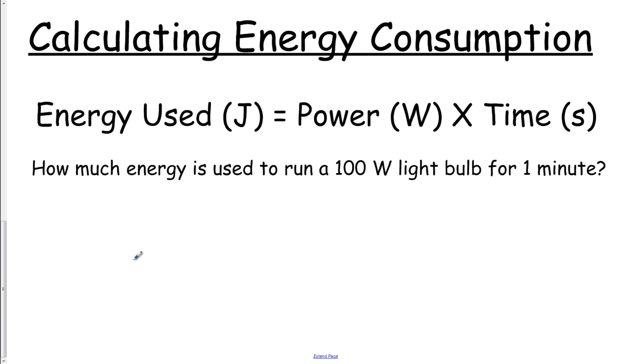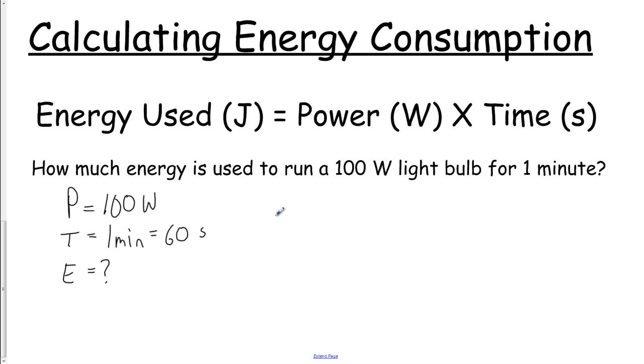So if I calculate this, I know that the power of the light bulb is 100 watts. I also know the time, T, equals 1 minute, which equals 60 seconds. And how much energy, E, is my question.